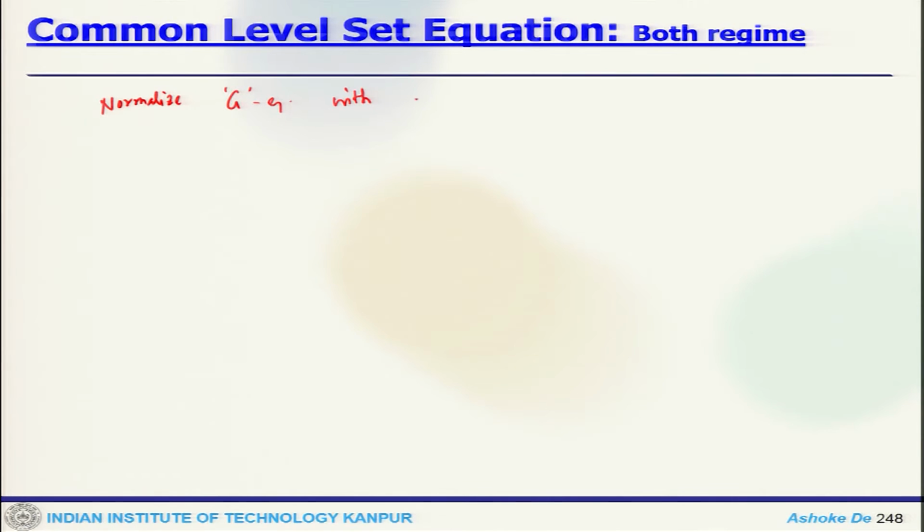with Kolmogorov scale, like eta, time scale tau eta, u eta.